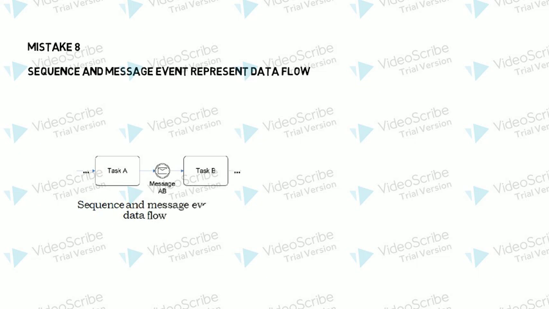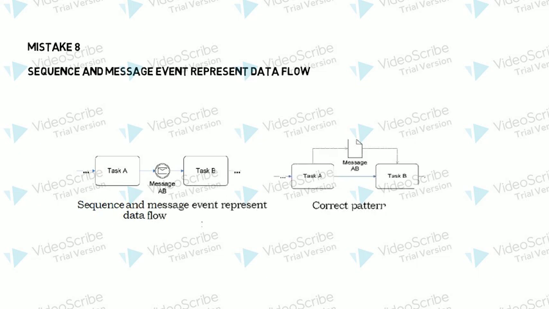Sequence and message events represent data flow similar to time events. Intermediate message events are used as a delay and synchronization mechanism. When an intermediate message event is placed within a sequence flow, it will continue when a message, explicit or implicit, arrives from a participant and triggers the event.